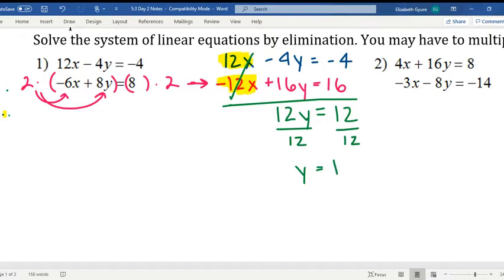Once I find what one of my letters is, does anyone remember how I then find the other one? Now that I know what y is, how do I find x? Yeah, good. Does it matter which one I pick, Asia?